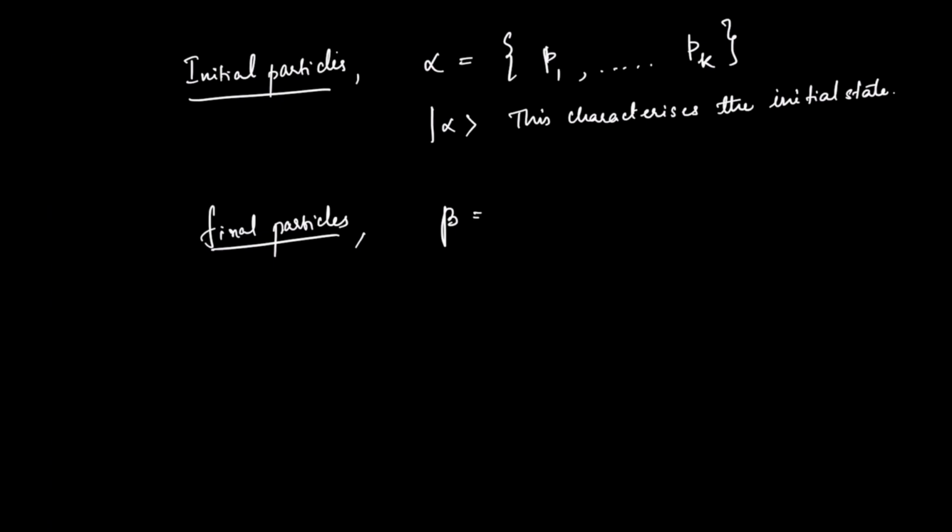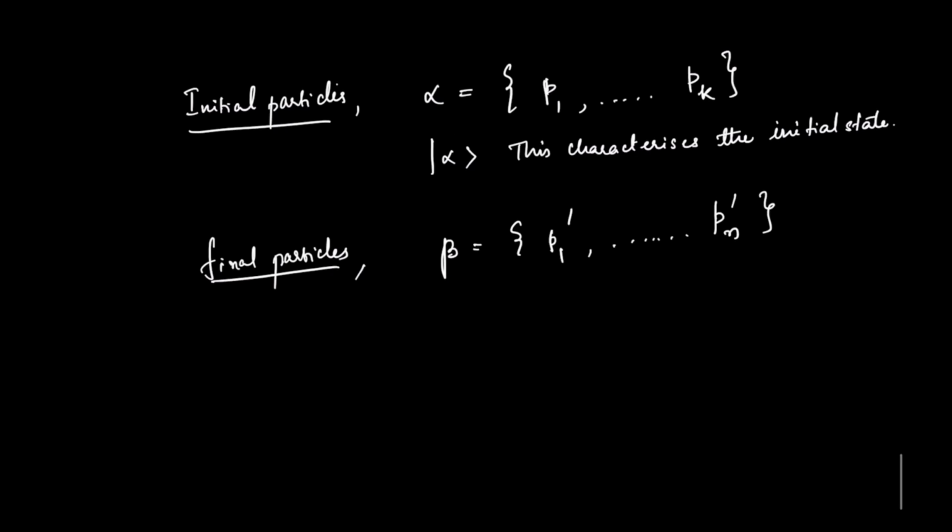So beta is equal to, I am representing p1 prime, so this is the momenta of the final particles. So p1 prime, p2 prime, etc. up to pn prime. So here you can see initially there were k number of particles, but after the scattering there are n number of particles. Okay, so the initial and final number of particles don't have to be the same.